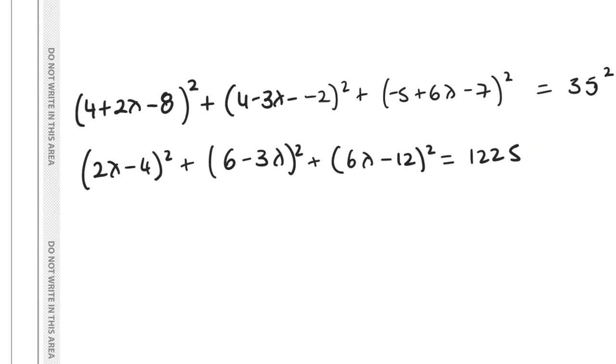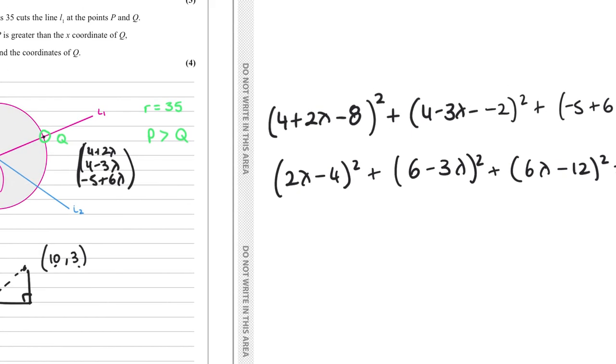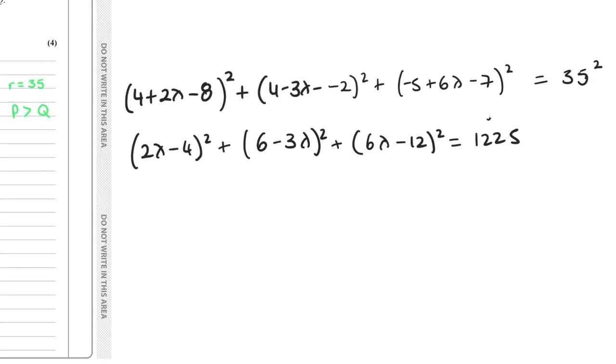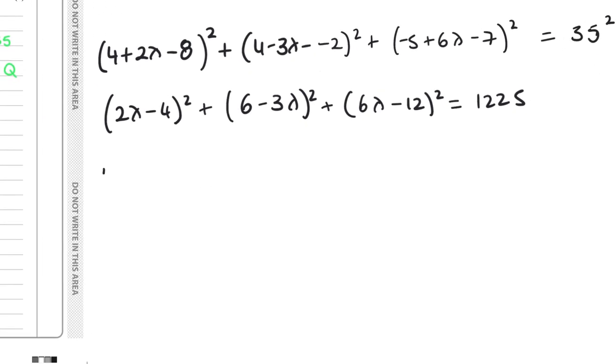That's what we're doing here, isn't it? However, instead of writing numbers, because we don't know the points, we know that the point will be this. Okay? So we're going to have 4 lambda squared minus 16 lambda, yeah? Plus 16.